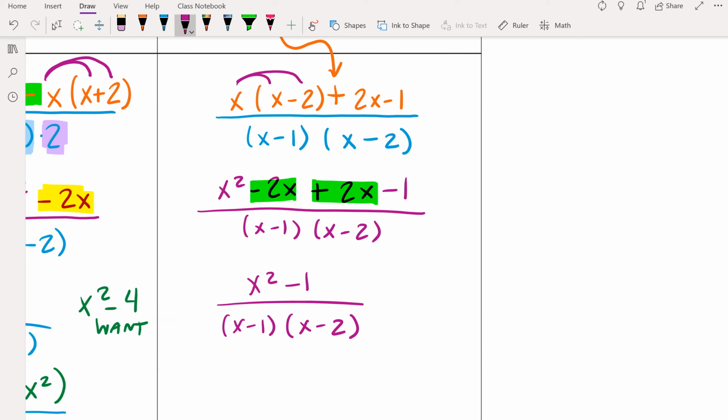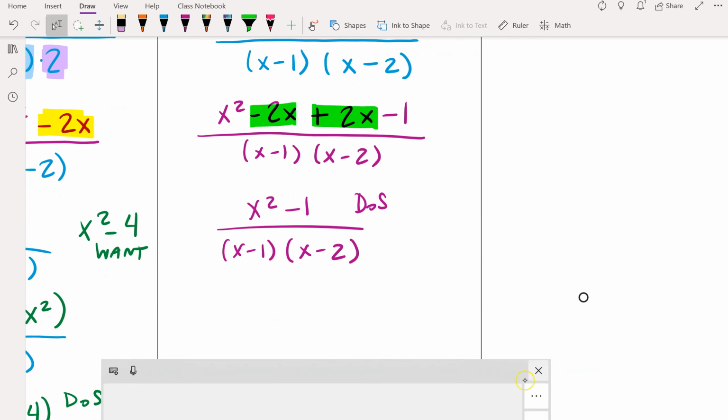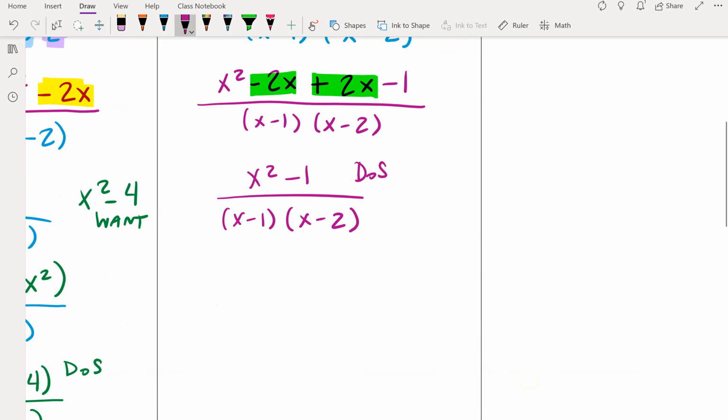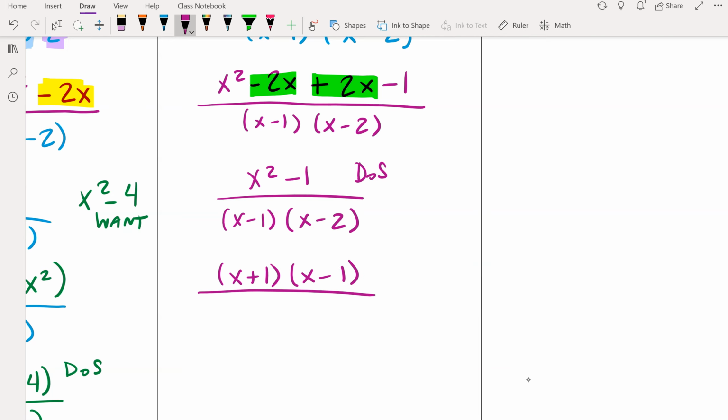Cool. Let's go to step 5, sorry. Factor the numerator and simplify. Is there something that we can factor in this numerator? Yeah, we can use difference of squares. So we are going to use difference of squares to factor that numerator, and we get x plus 1, x minus 1 in the numerator, over x minus 1, x minus 2. Cool.